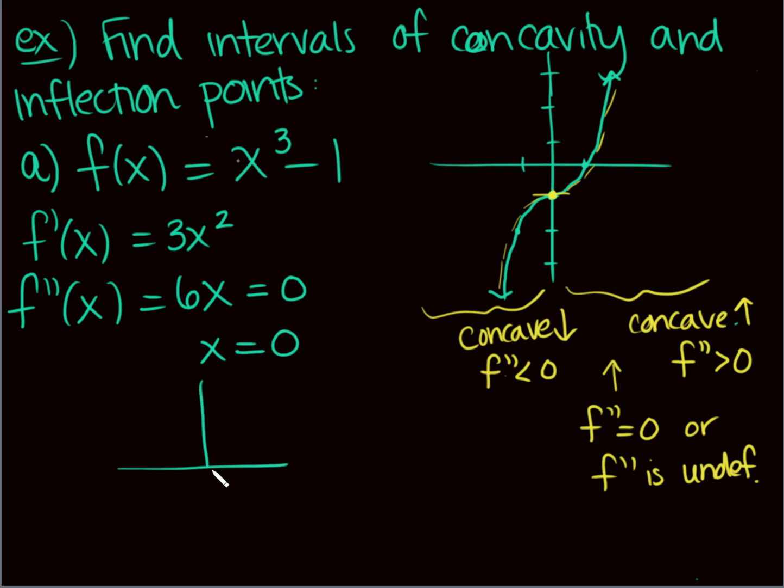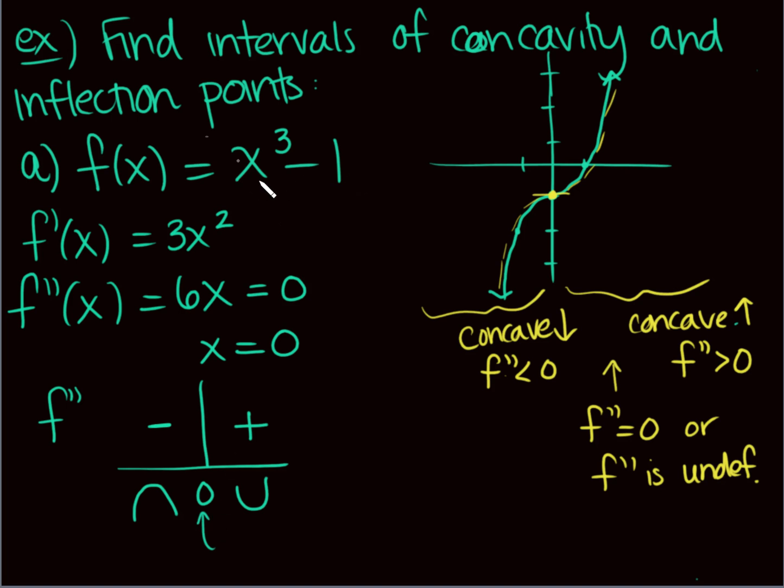Just like I did with the first derivative, I'm going to test around my possible inflection point. So I'm going to test into f double prime. If I put in -1, times 6 is -6. This is negative, so I know my function is concave down. If I put in a positive number like 1, I know my function is concave up. I also know that my function is continuous at 0, right?